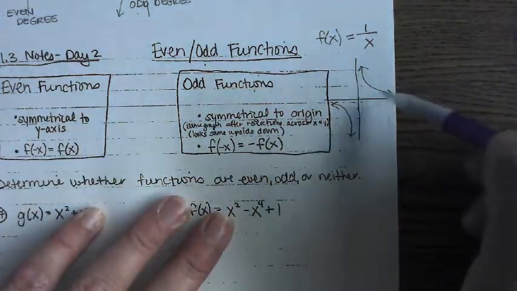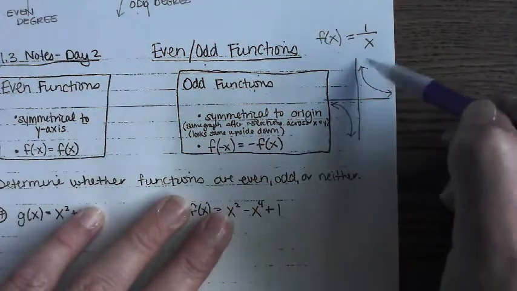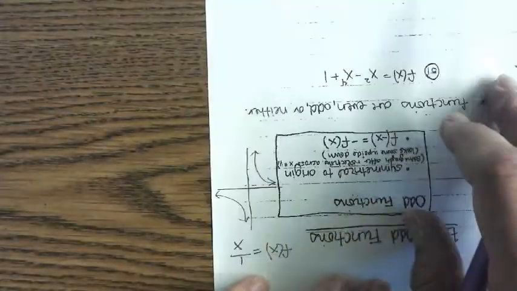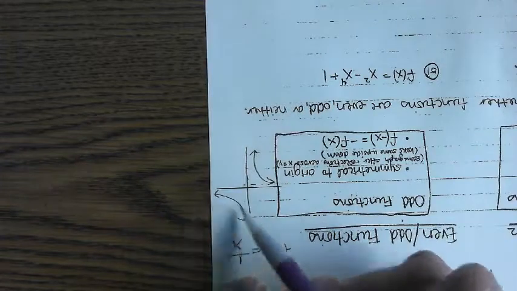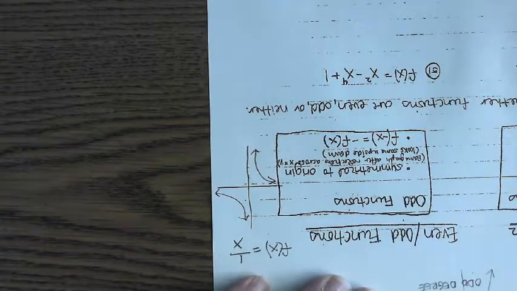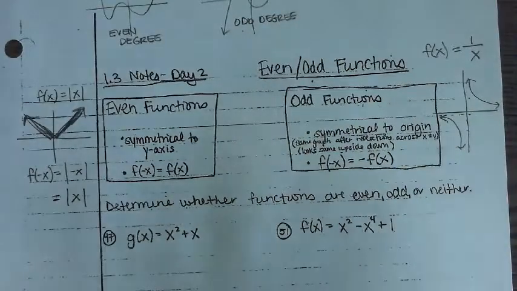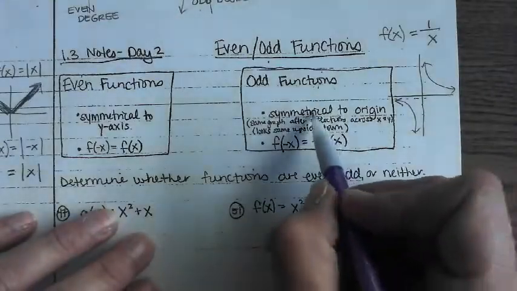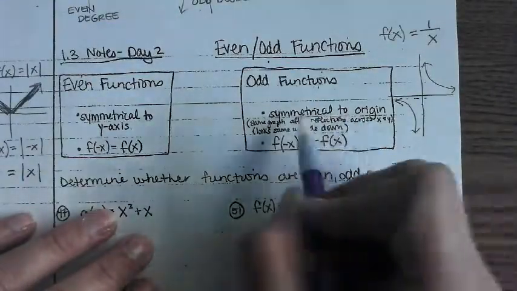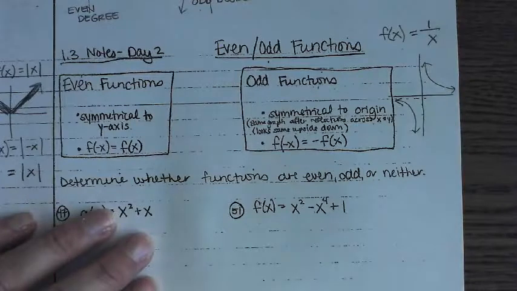This graph is in the first and third quadrants right now. If you flip your paper upside down, you're looking at the same graph, first and third quadrants. So if something looks the same right side up versus upside down, then it is symmetrical to the origin. And if that is the case, it's an odd function.